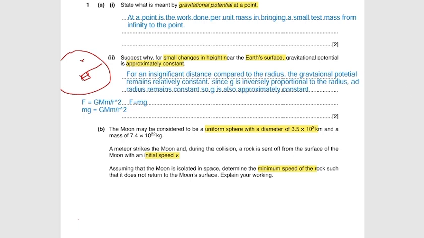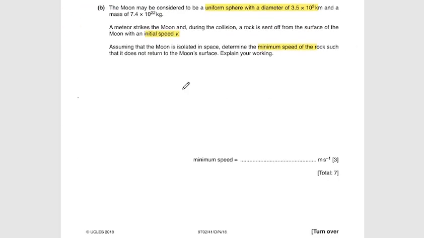Then we have our gravitational force, GMm over r squared, and we have our centripetal force as mv squared upon r.